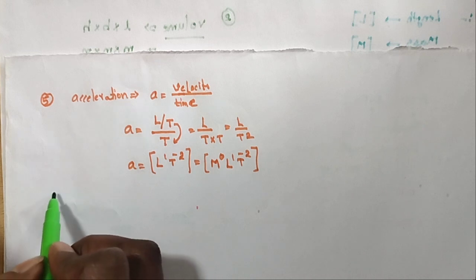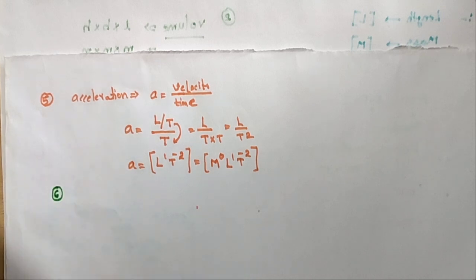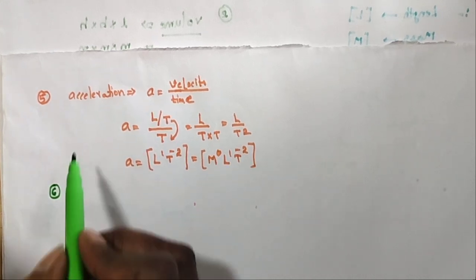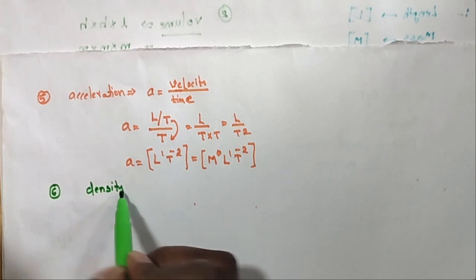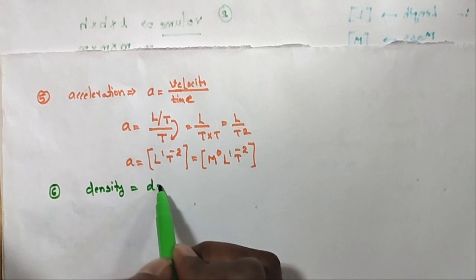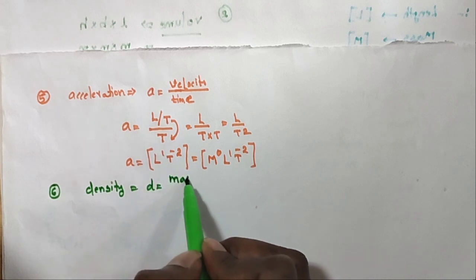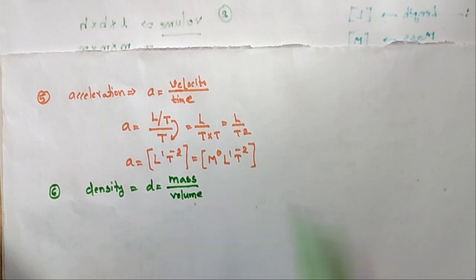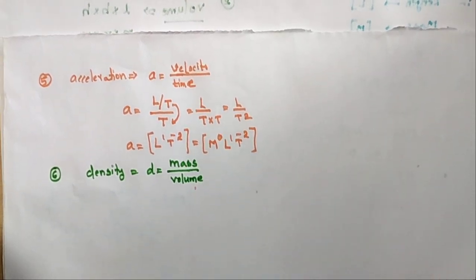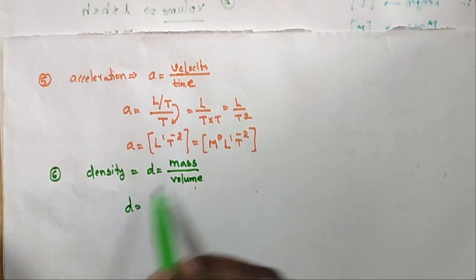We know the formula, so you can calculate dimensional formulas easily. For example, density. If you are taking the density, what is the density? Mass per unit volume. This is a formula we know very well. So density is equal to mass.